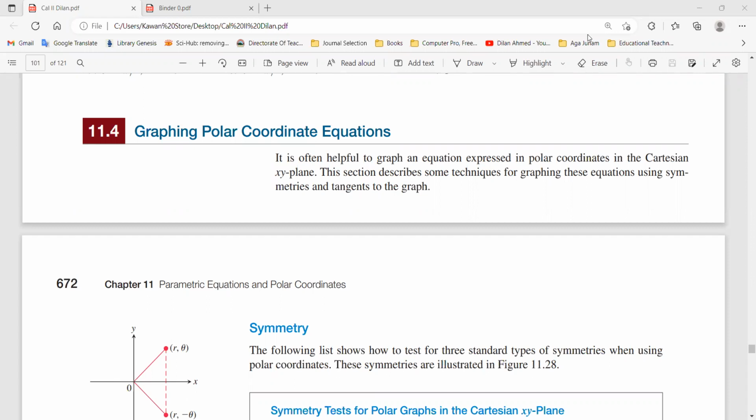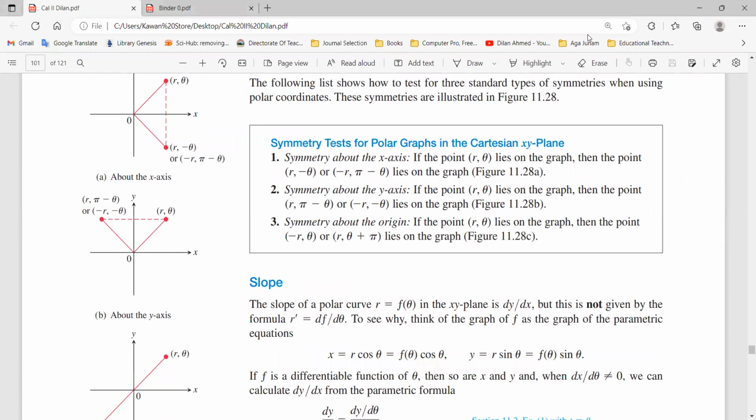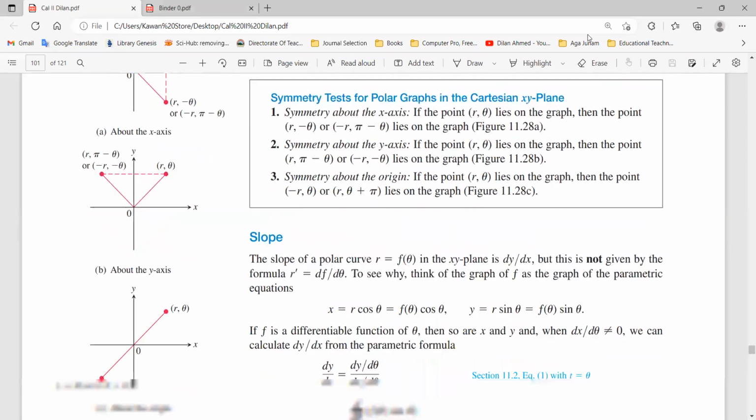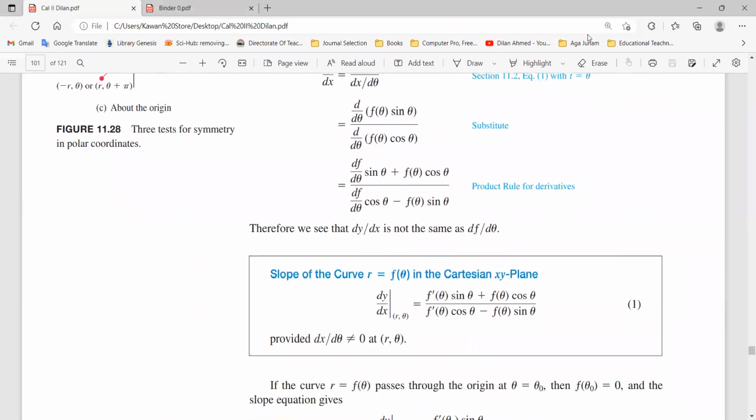For example, how to find the symmetry. I'm just reminding you that we have three symmetries. We should test them. And I gave you two important notes: symmetry about X, Y, and origin. In some books or websites, they say symmetric about the pi over 2 line instead of Y, or symmetric about the pole instead of origin.